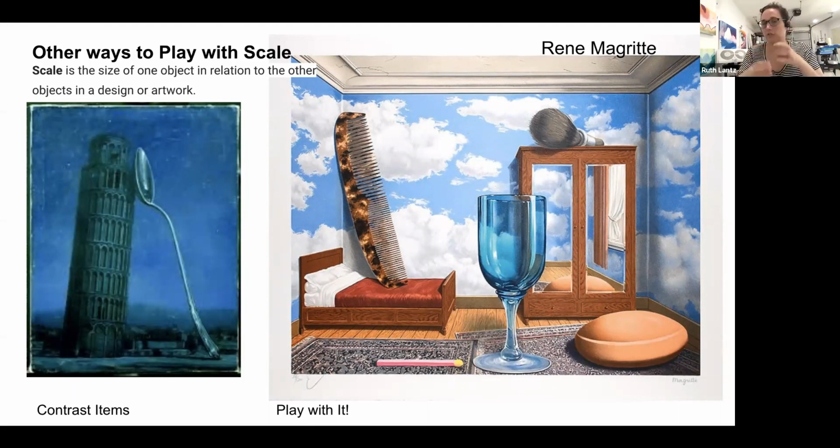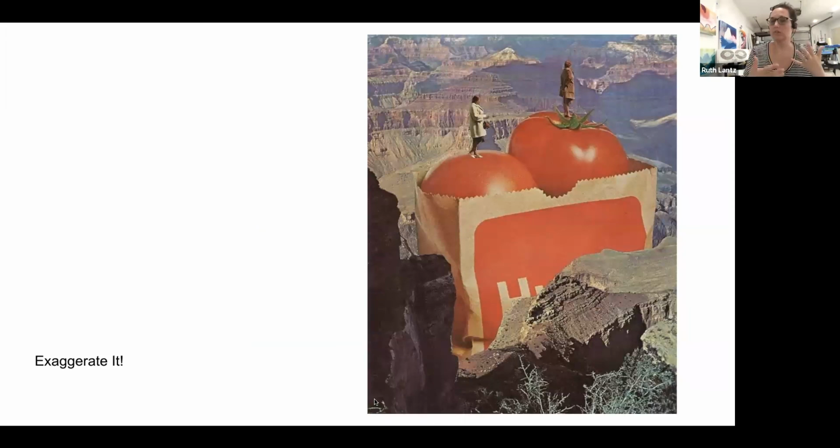So you are shifting and telling us what's more important than other items by how you're using scale. So I know that the comb and the wine glass and this pill are more important than the bed and the wardrobe because they are bigger. So it just gives me a sense of what I should look at first and what's more important.